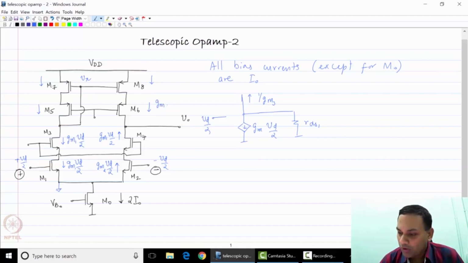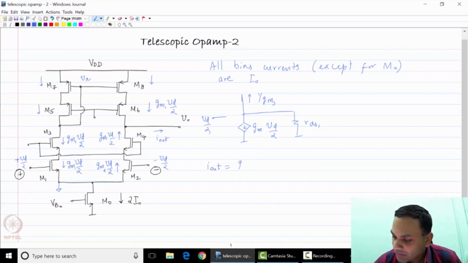Now at the output node, the current flows out. Since this circuit has no load, the current will flow through the overall output resistance at the output node. As you can see, the two currents flowing from M6 and M4 are in phase and will add at the output.